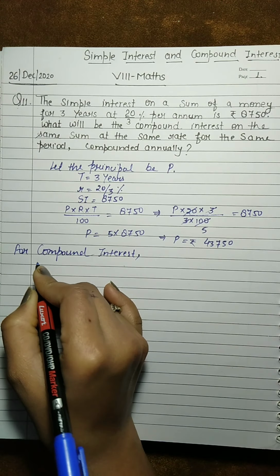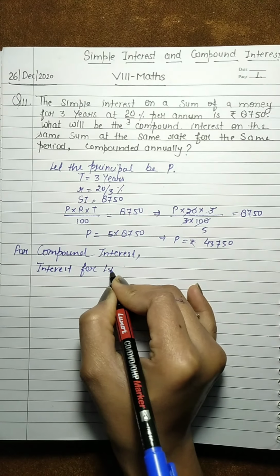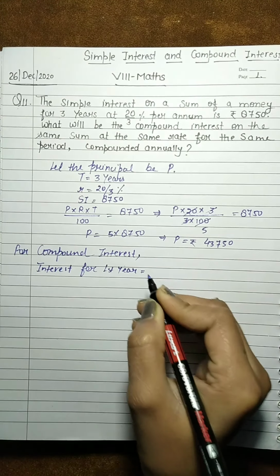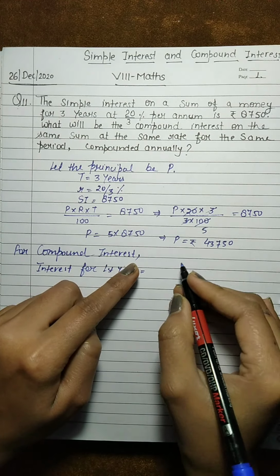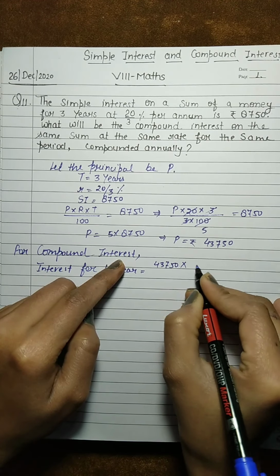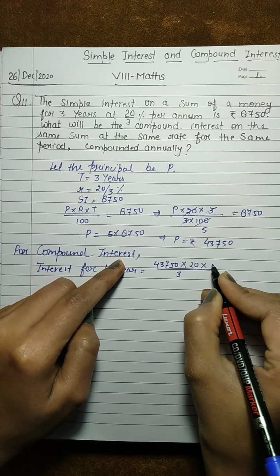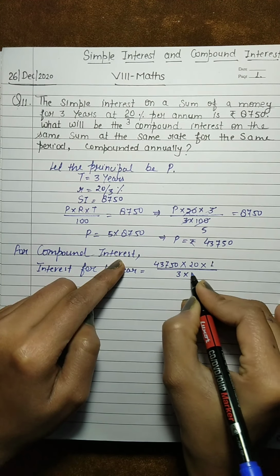So students, interest for first year, that will be P into R into T upon 100. P is here 43,750, R is here 20/3, okay students, and time is here 1 and upon 100.